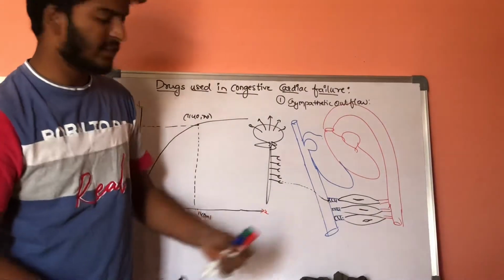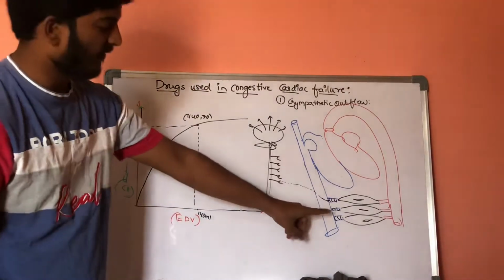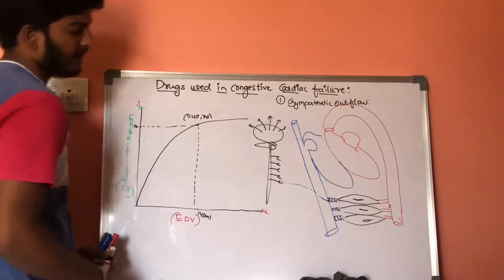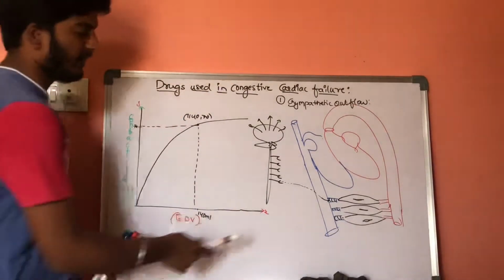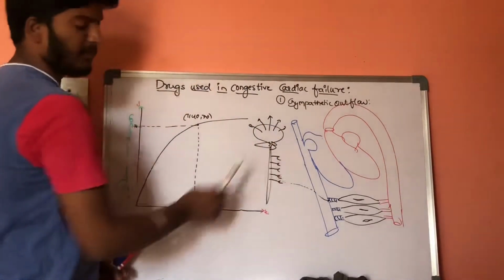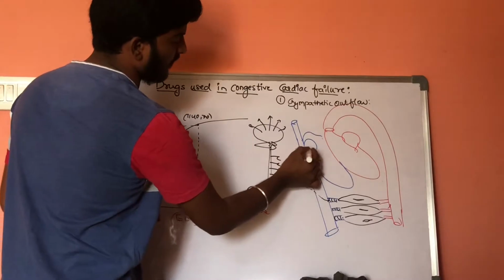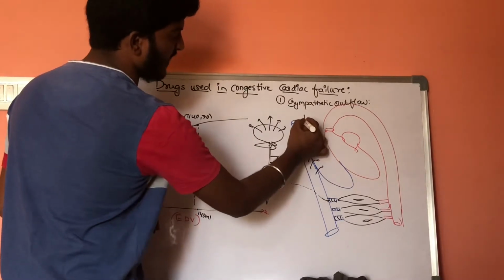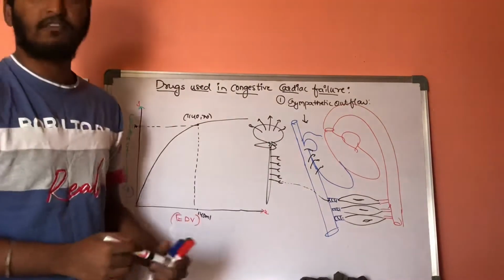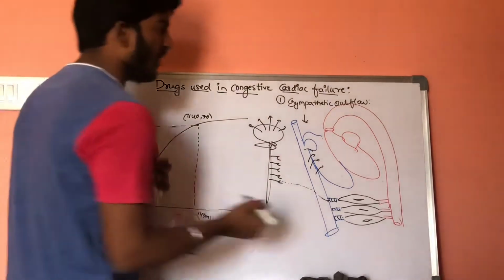As these smooth muscles are contracted, the flow from the venous system towards the right atrium and right ventricle will get decreased. If the blood flow decreases, ultimately the cardiac output will get decreased.